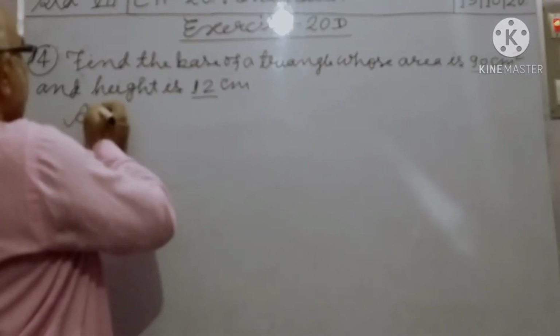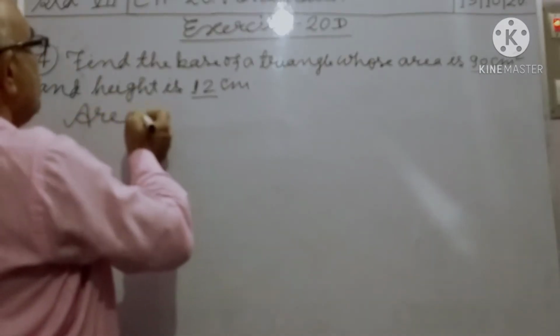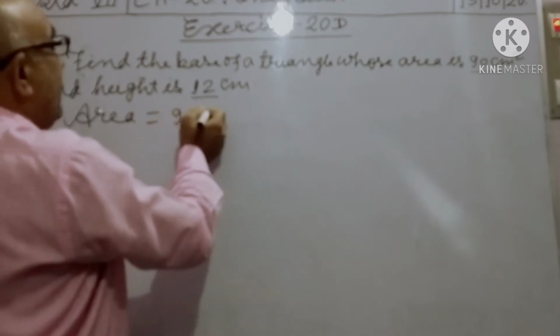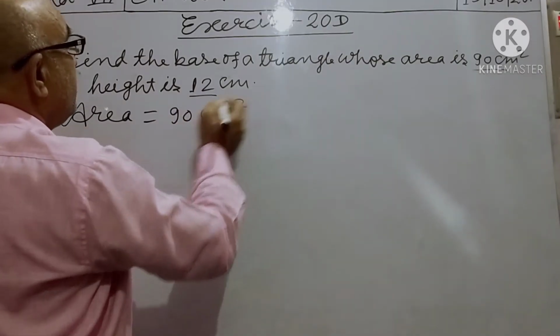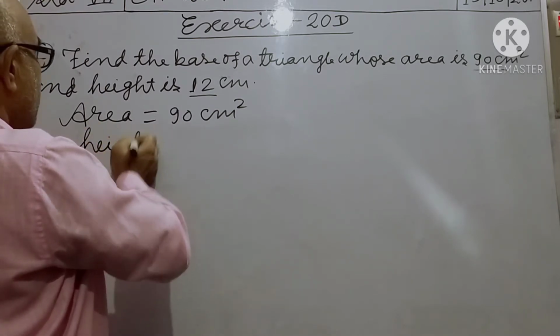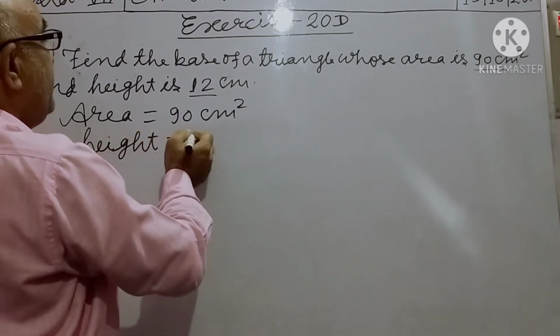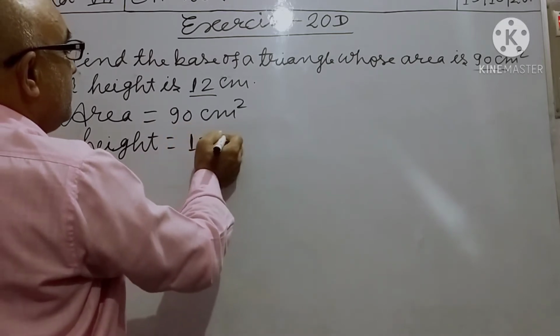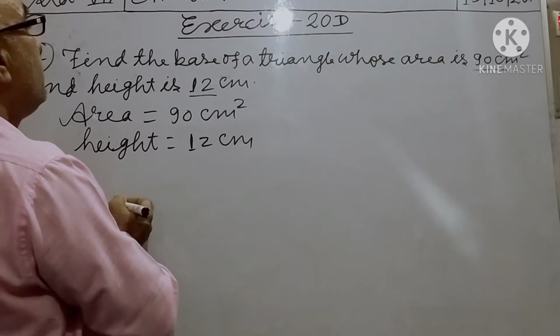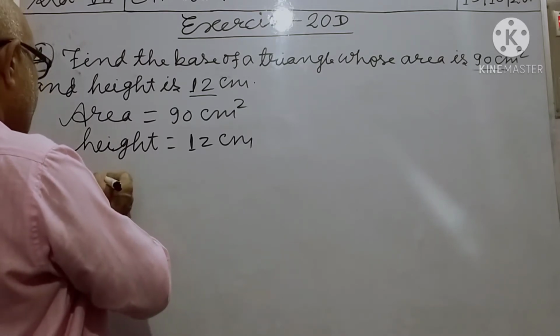So, given area equal to 90 cm square, height equal to 12 cm. Therefore, find the base.